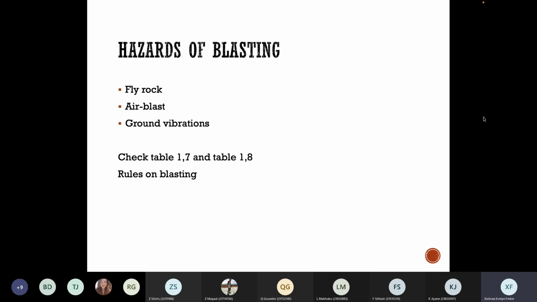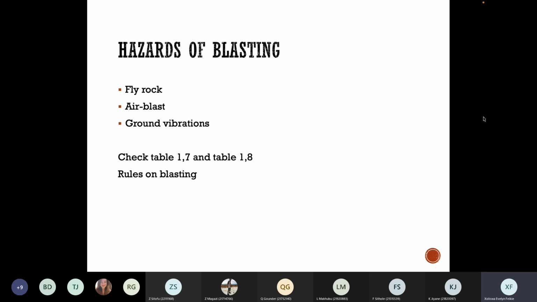If there are ground vibrations, they're bound to affect the foundation. If a foundation is affected, then things might happen, and that might lead to cracking as well. So you need to check table 1.7 and table 1.8 in your books when it comes to this. They have a section in your books where they explain thoroughly.